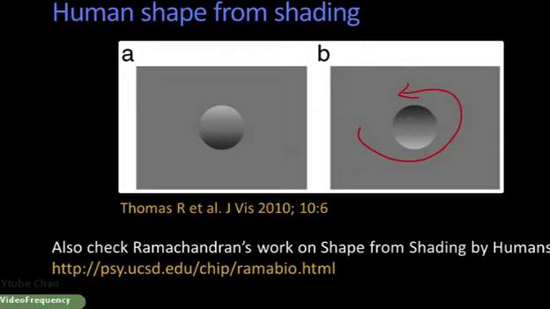There seems to be a human preference for light sources to be up above instead of down below, and there's a whole bunch of other work on human effects. There is another demonstration of human shape from shading, which is a multi-billion dollar industry. That's called makeup. There's no way to say this without being gender specific, so I will say it.